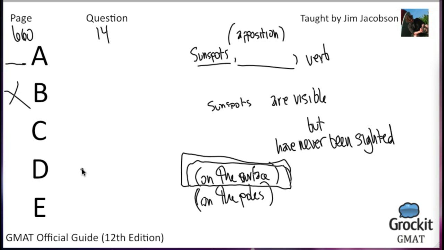C, sunspots appear on the surface of the sun as dark spots, although never sighted at the sun's poles or equator. So normally the word although is what's called a subordinating conjunction a lot of times. And what it's usually doing is starting a whole other clause.